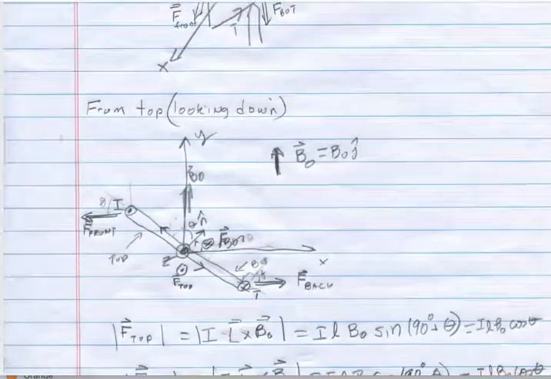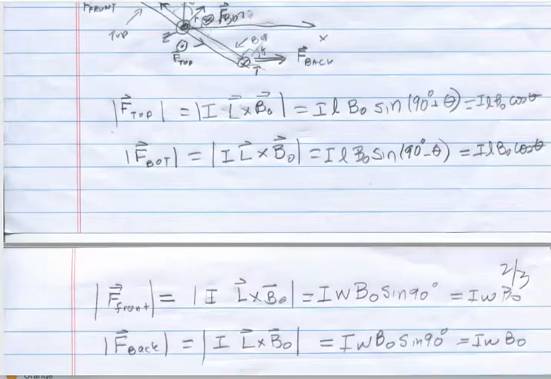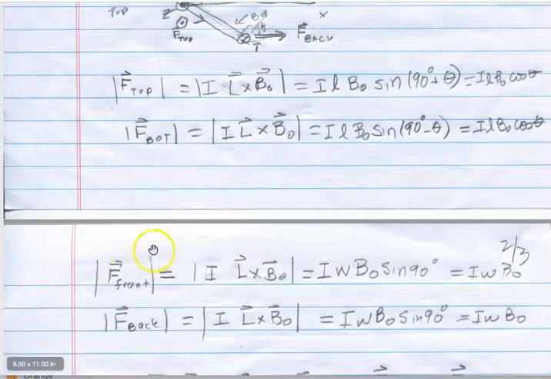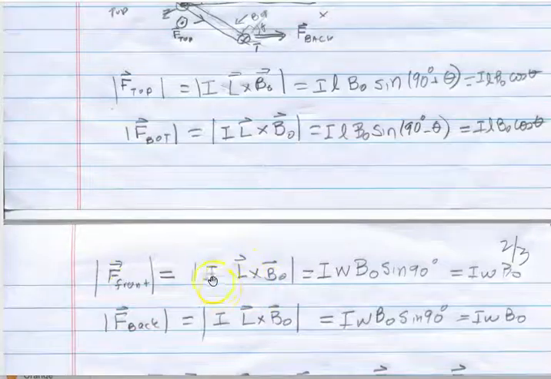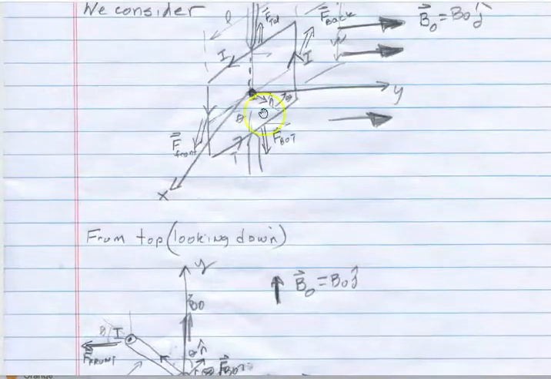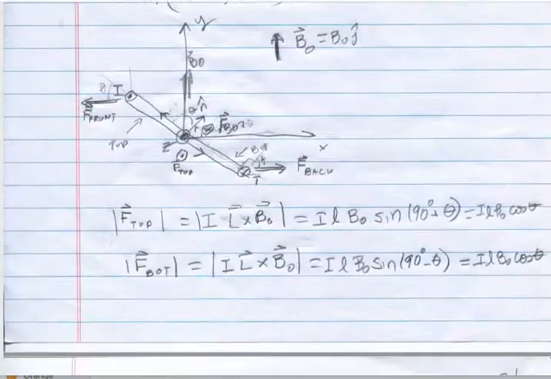Similar thing can be seen on the front and the back. Again, the magnetic force on that front segment is just I L vector cross B. The only difference is if you look at that front segment, the length of the wire here, well, that's W. And of course it's going in a different direction.